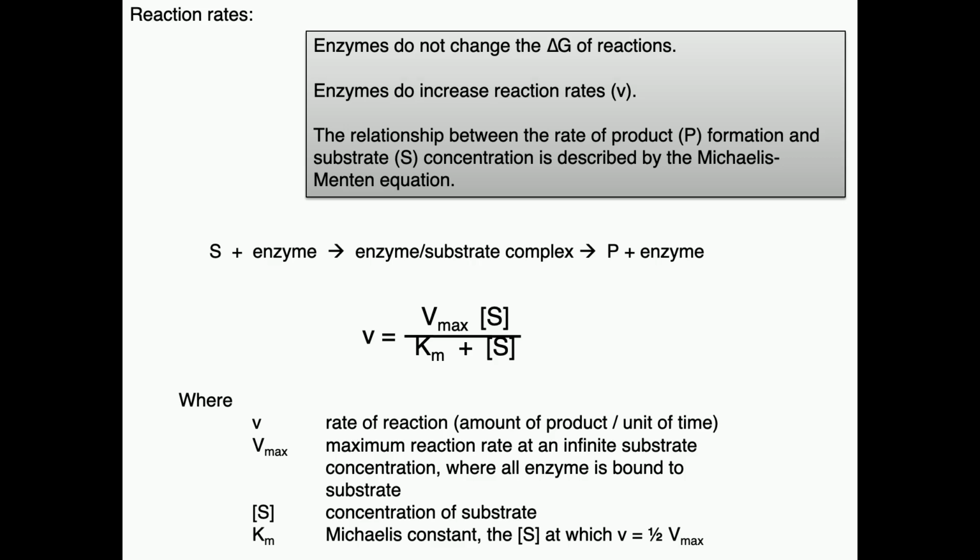An amount over a time is a rate. So that velocity, that's going to depend on the substrate concentration. And this velocity, it's measuring initial velocities. So the rate of product formation before any equilibrium is even approached. Okay, this is like the initial enzyme velocity.